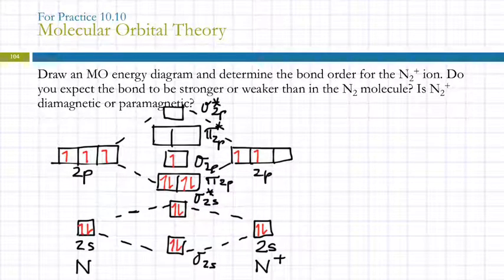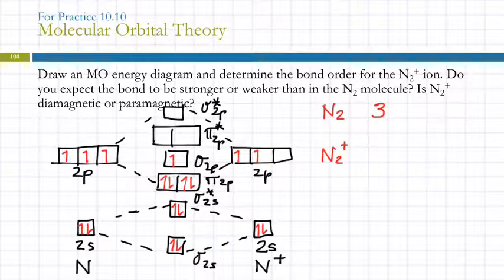So then we're asked to find whether this bond is stronger or weaker than N2. The bond order for N2 was 3. So the bond order for N2 plus, how many electrons in bonding orbitals? 7.